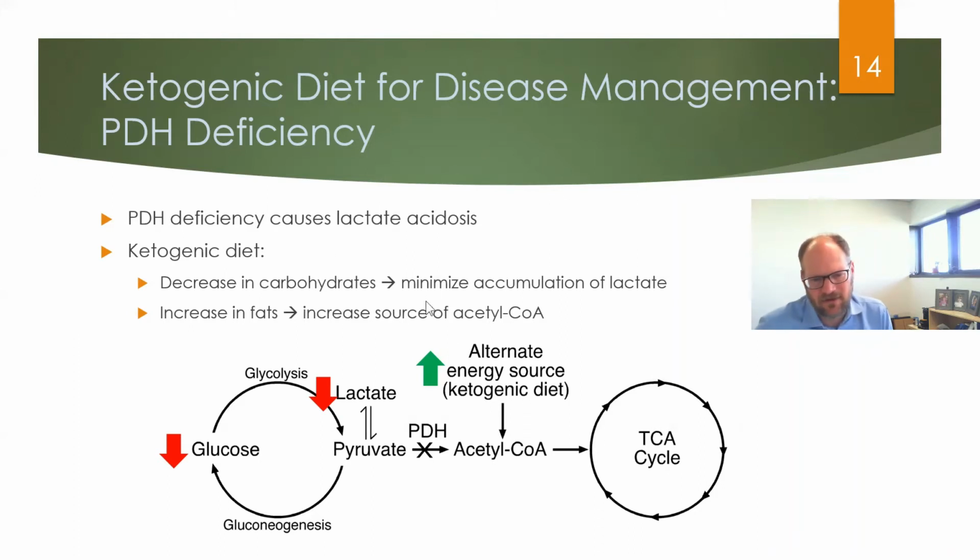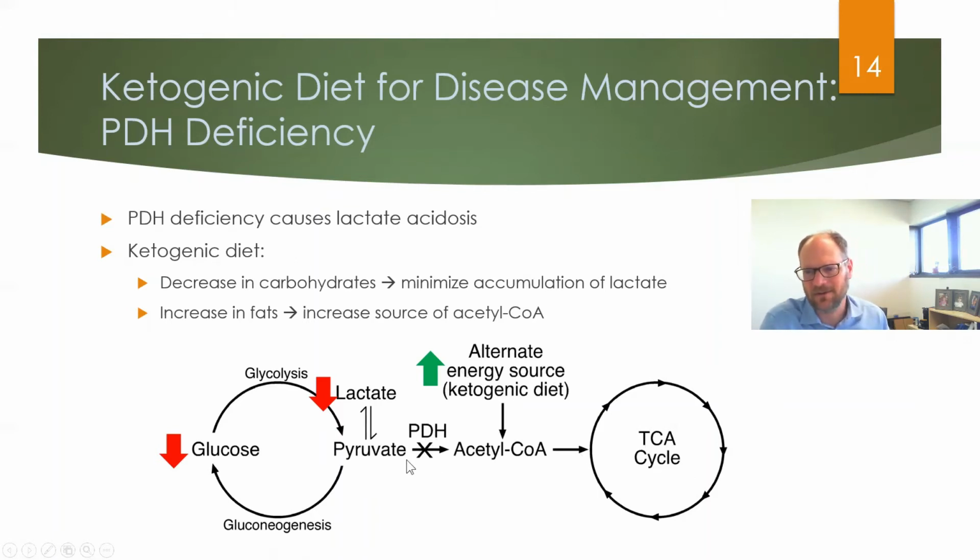So if you can't break down pyruvate properly and get it into the TCA cycle, one of the primary issues is that you'll have a lot of lactate in your blood, and you'll have a minimal capacity to get that carbon from glucose into the TCA cycle. So by eating fats and these alternative energy sources, you can actually bypass this inhibited step in the PDH complex, feed your TCA cycle, get sufficient energy, and be okay.